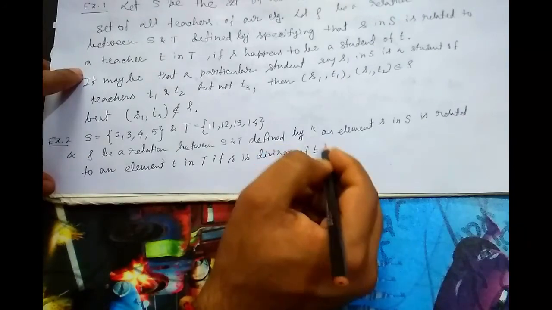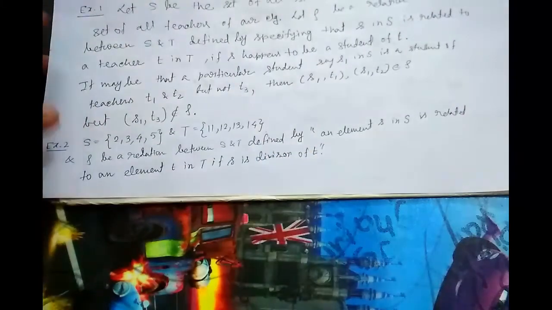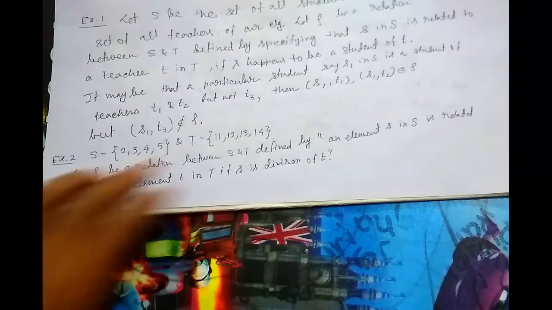Okay, see, so our S is this and T is this, and rho be a relation between S and T defined by an element s in S is related to an element t in T if s is a divisor of t.